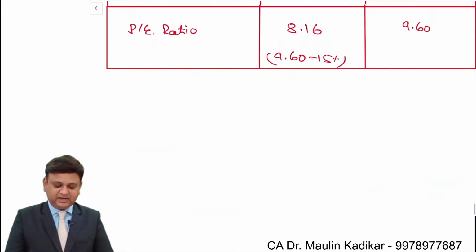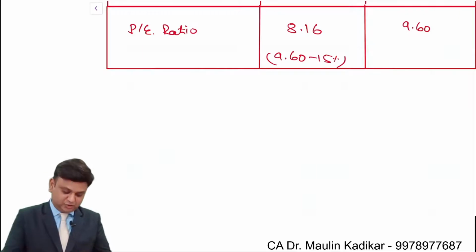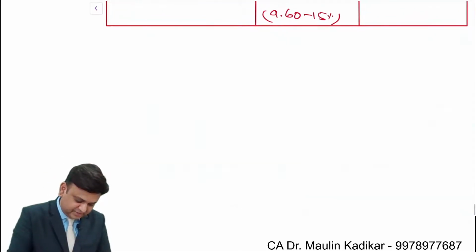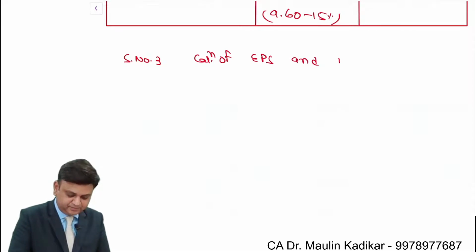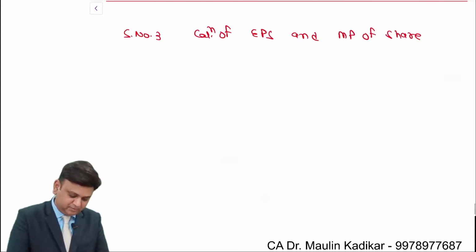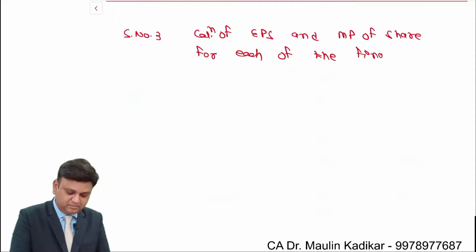Yeah. Now we have made the computation of the price earning ratio, and we have also calculated the EBIT. So now step number 3: calculation of earning per share and market price of share for each of the financing options.